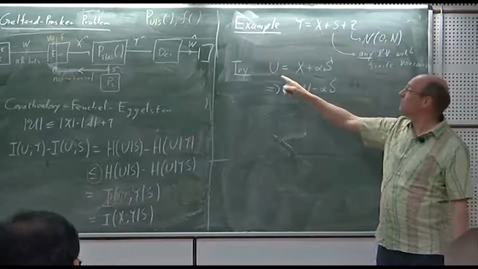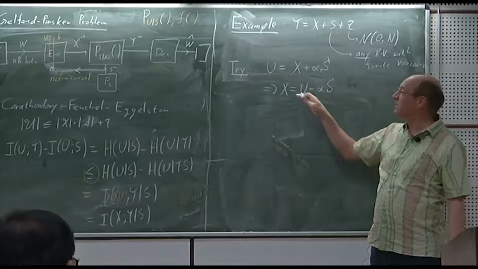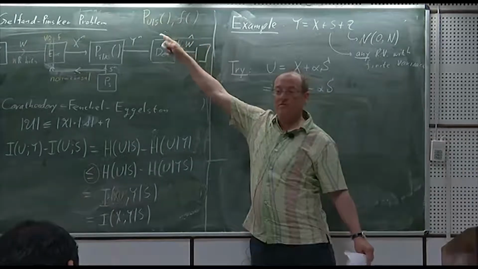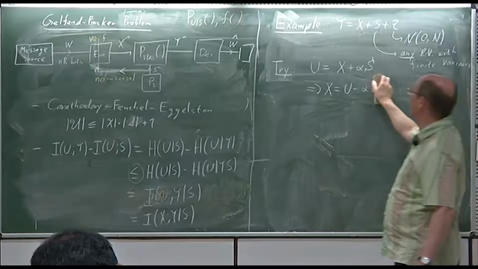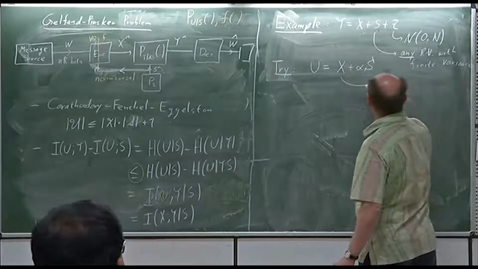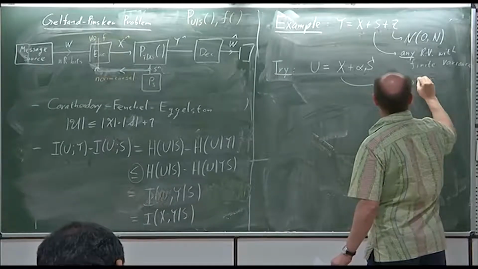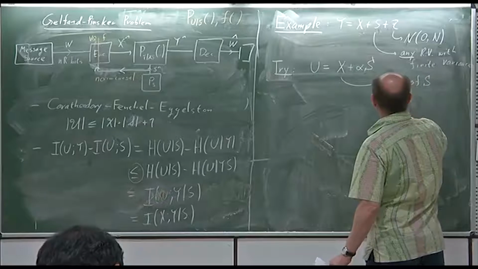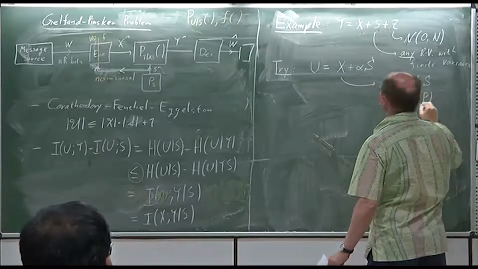We're getting the channel from S to U, which is alpha S plus X, and that immediately gives us also the function. So that's going to be my choice of function and U, and X is statistically independent of S, and X is going to be a Gaussian random variable with zero mean and power, of course, P.